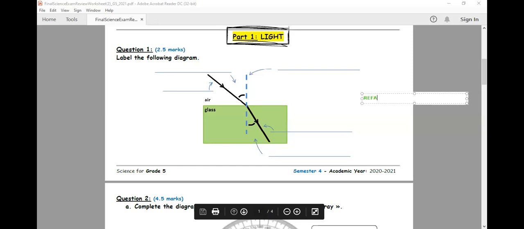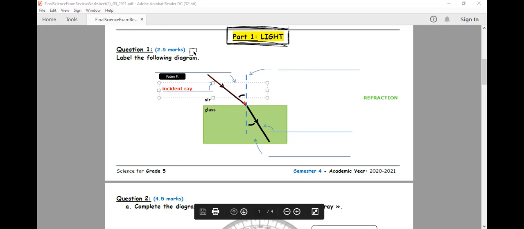This is refraction happening, since the light ray bends when it crosses the boundary between the air and the glass. Which ray is this? Incident. The incident ray.